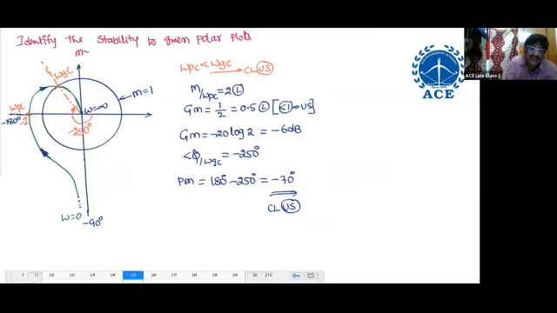With a magnitude greater than 1, the closed loop system is unstable. Greater than 1 unstable, less than 1 stable, equal to 1 marginally stable. So what is the conclusion?